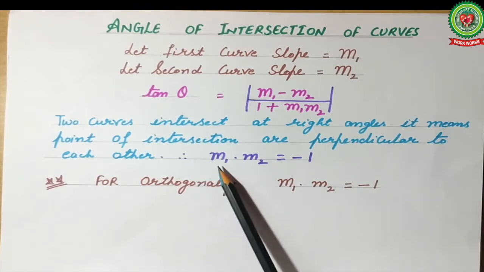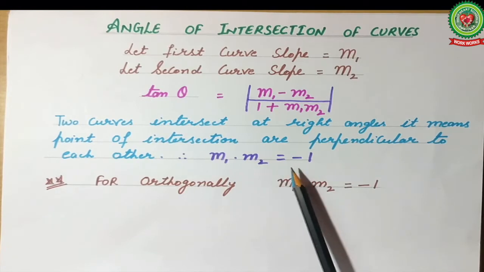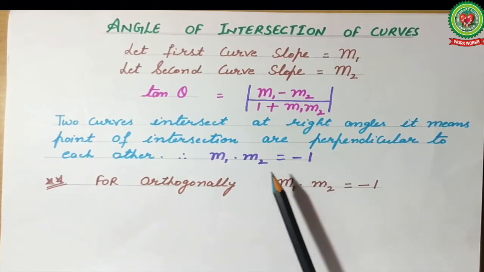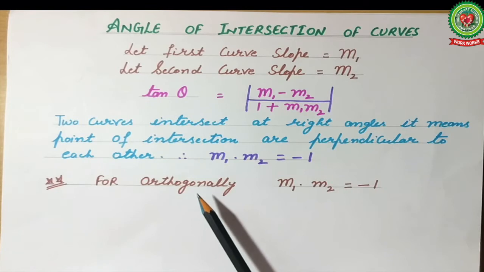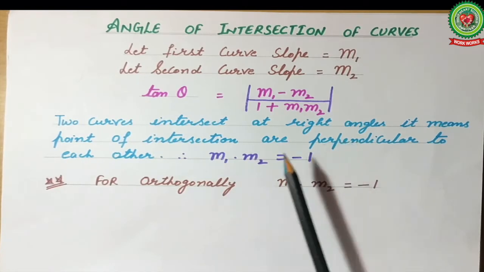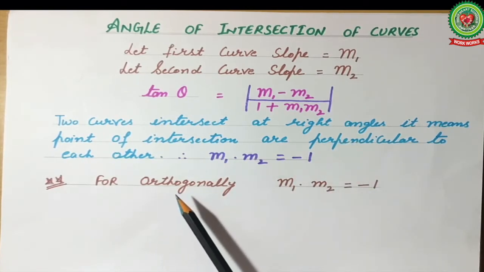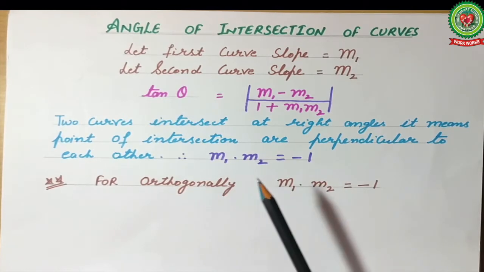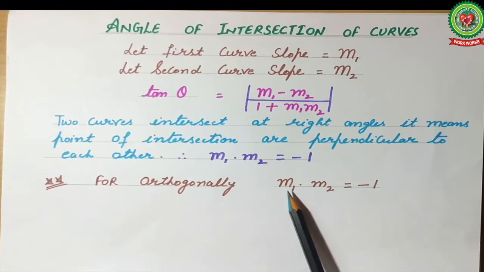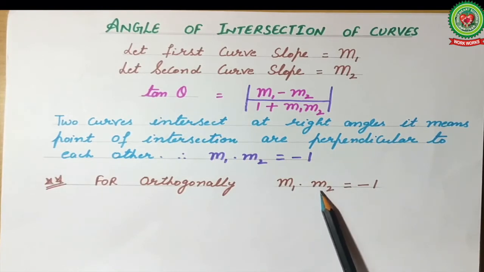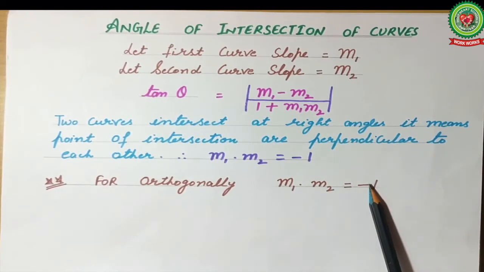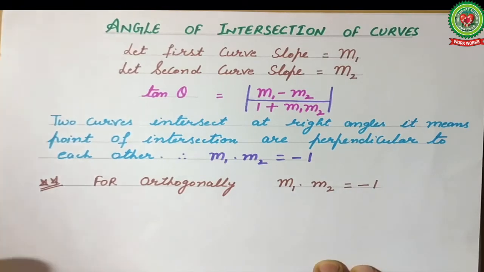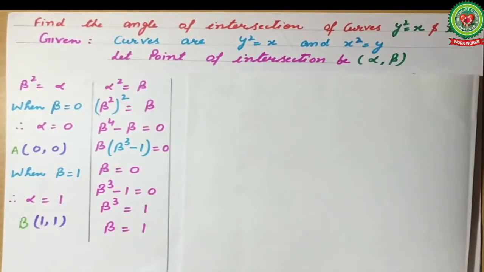That is m1 into m2 is equal to minus 1. Now there is one new word you will find here for the perpendicular condition, orthogonally. In this case also we apply the same slope condition, m1 into m2 is equal to minus 1.